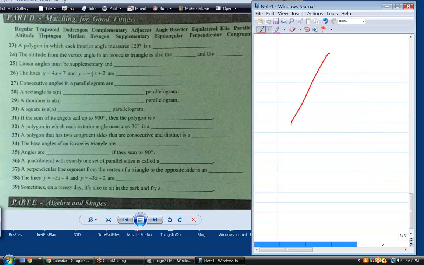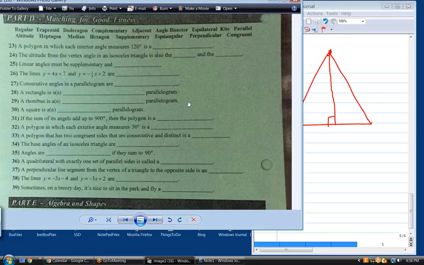If I have an isosceles triangle, and the altitude from the vertex angle, you always make an altitude by dropping a perpendicular. Well, what else is that altitude? It happens to be two other things from that list. In addition to being an altitude, what else is it?